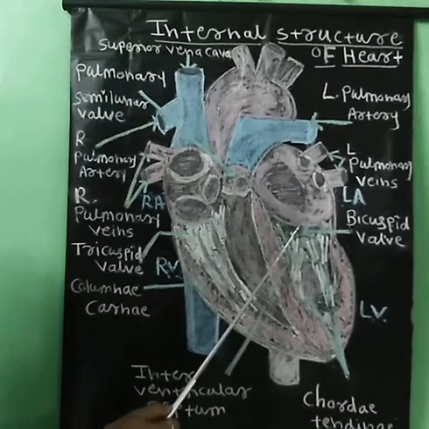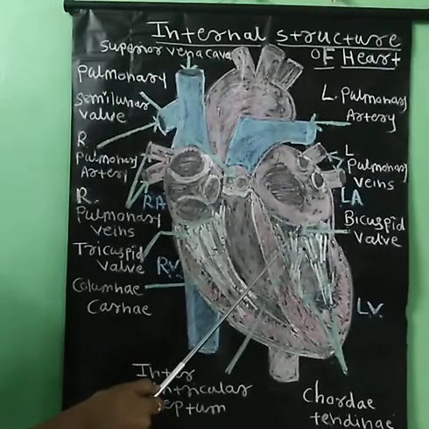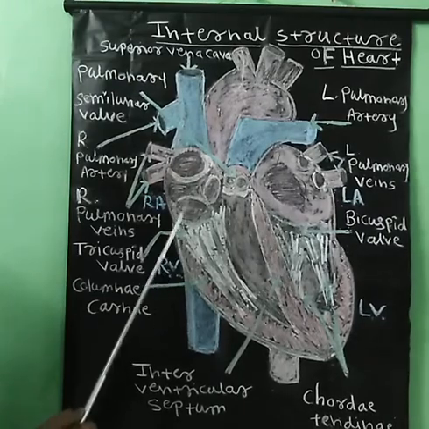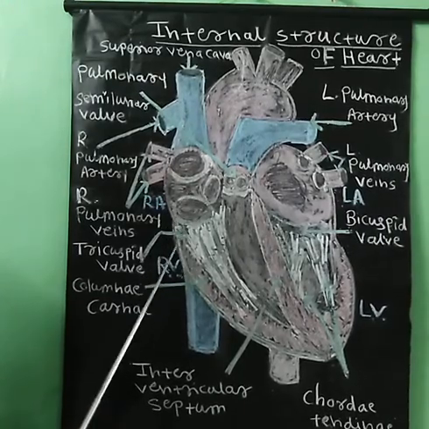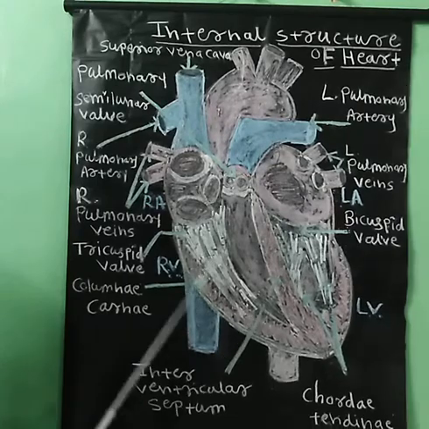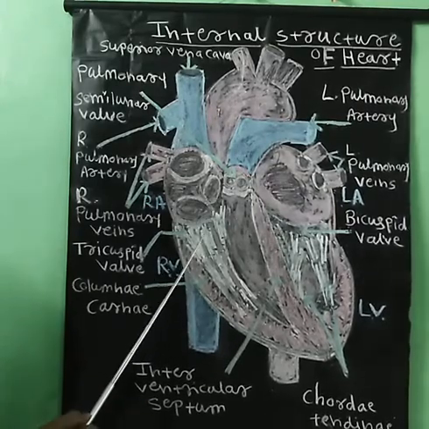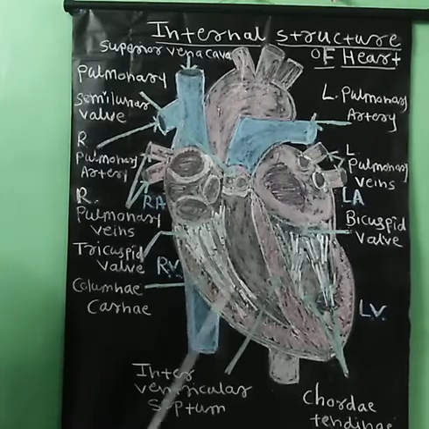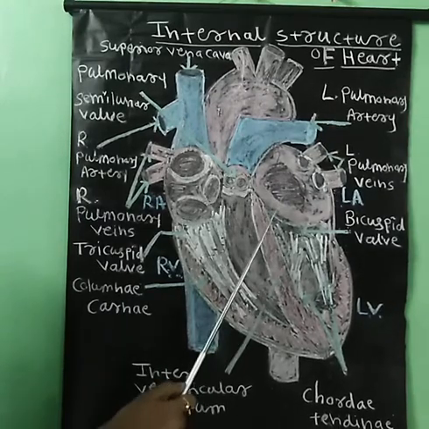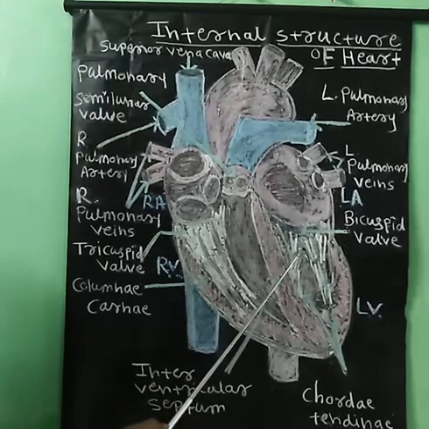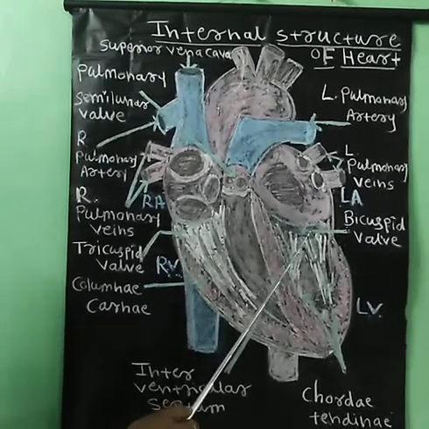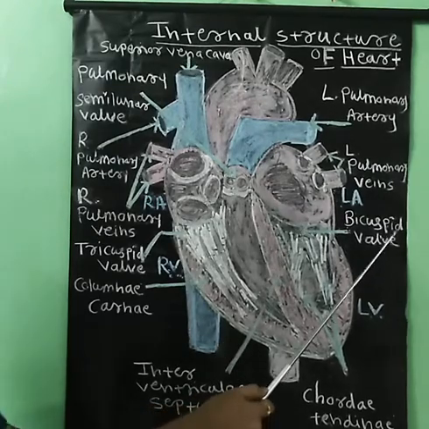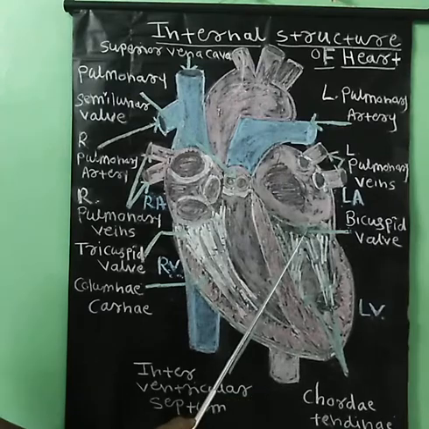These apertures are guarded by valves. In that, right side auriculoventricular aperture is guarded by tricuspid valve, while left side auriculoventricular aperture is guarded by bicuspid valve, or this bicuspid valve is also known as mitral valve.